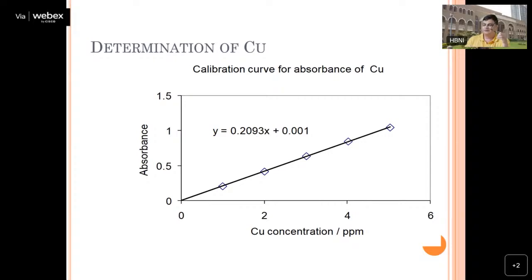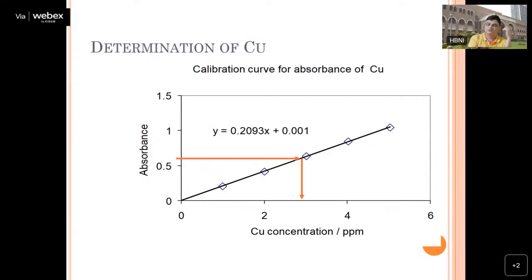Once you have this calibration curve, you can run any unknown samples, and whatever absorbance comes will correspond to a particular concentration. One thing which is very crucial in all this analysis: how do you make sure, because this has a good combination of both optics and electronics, that your optics is working properly? There are certain thumb rules.